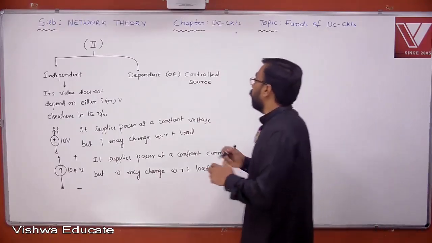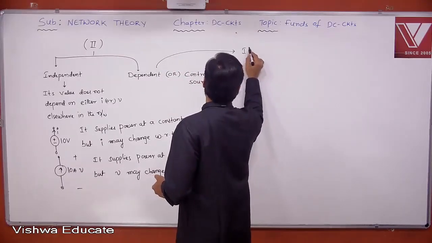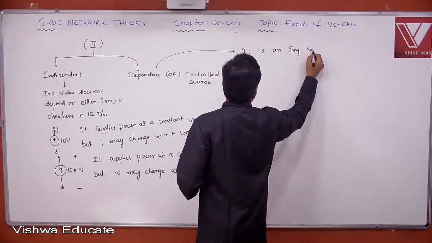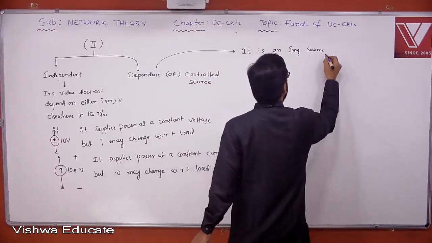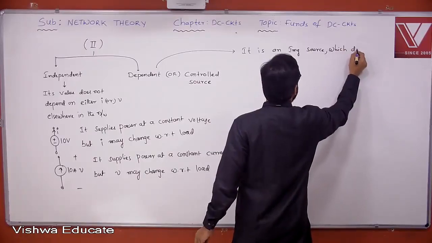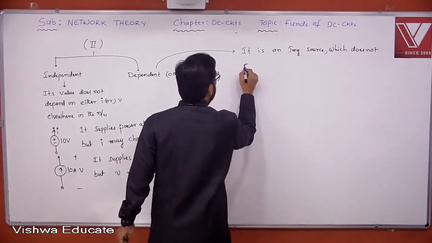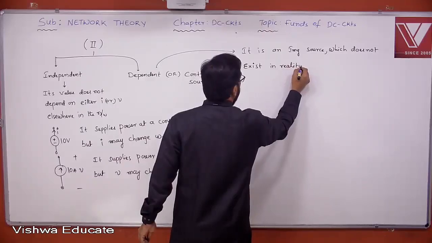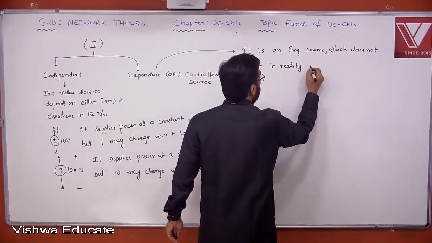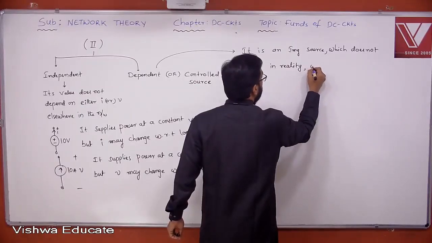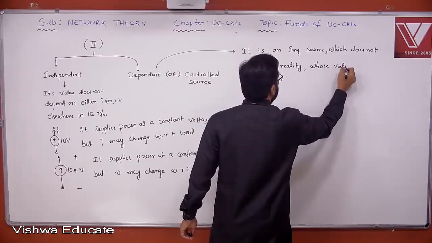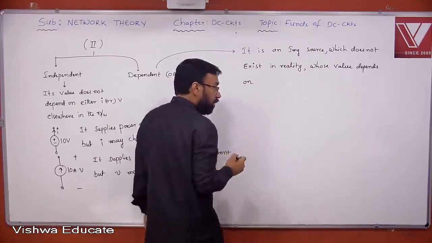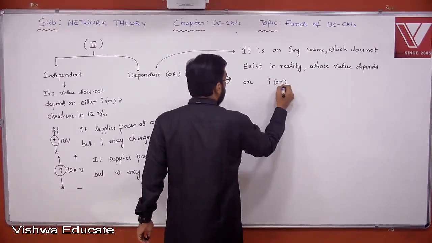So therefore, you can write down here what is the dependent source clearly. Please write down, it is an imaginary source or fictitious source, imaginary source which does not exist in reality, whose value depends on either current or voltage elsewhere in the network.